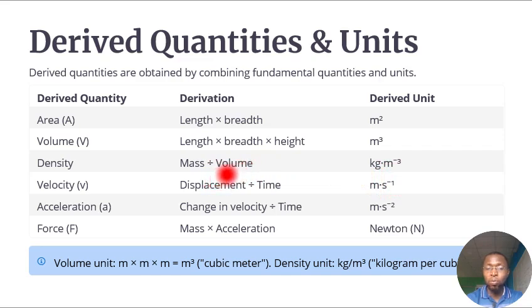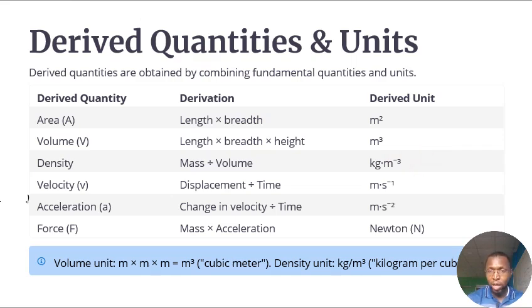So we use the formula to determine the unit. Now you can see the way it's expressed here: kilogram dot meter raised to the power minus 3. This expression is the same thing as when you express it in the other form.